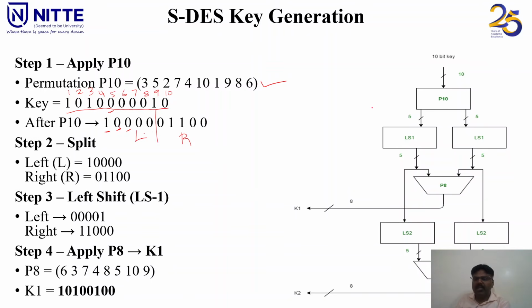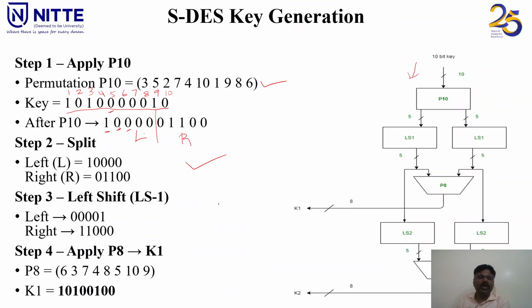Even in the block diagram, we can understand that whatever the 10 bit is there, that 10 bit is going to be passed to the permutation 10 bits. After permuting 10 bits, I'll be dividing that into 5 bits left side and right side values.